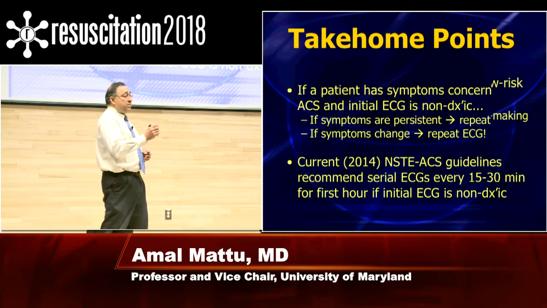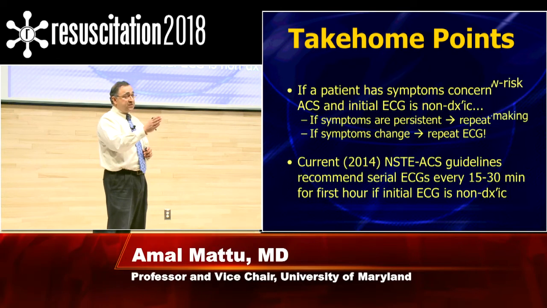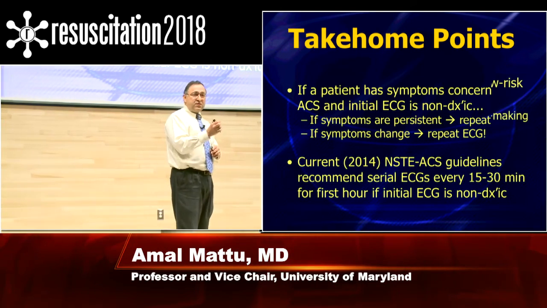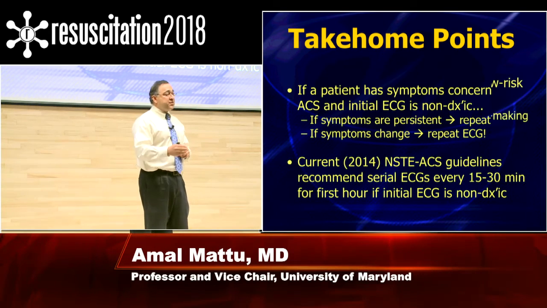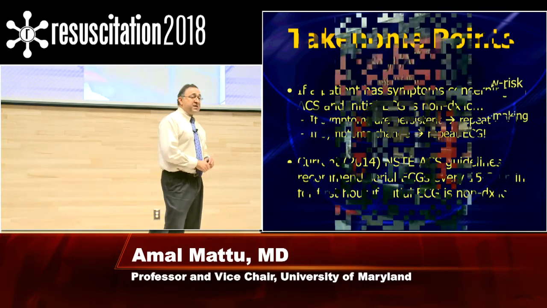What I would suggest is anytime symptoms persist and you're concerned, I'm not talking about the squirrely chest pain, get a repeat. Anytime their symptoms change, it's getting worse, it's getting better, it goes away, get a repeat. And you will pick up more STEMIs than you can possibly imagine.